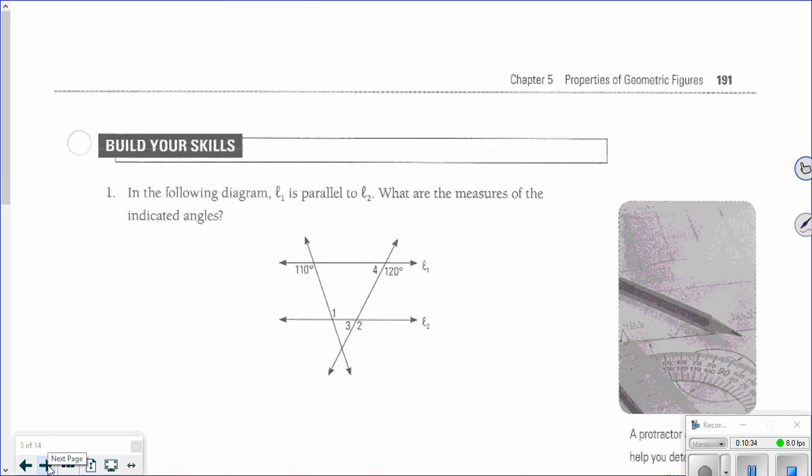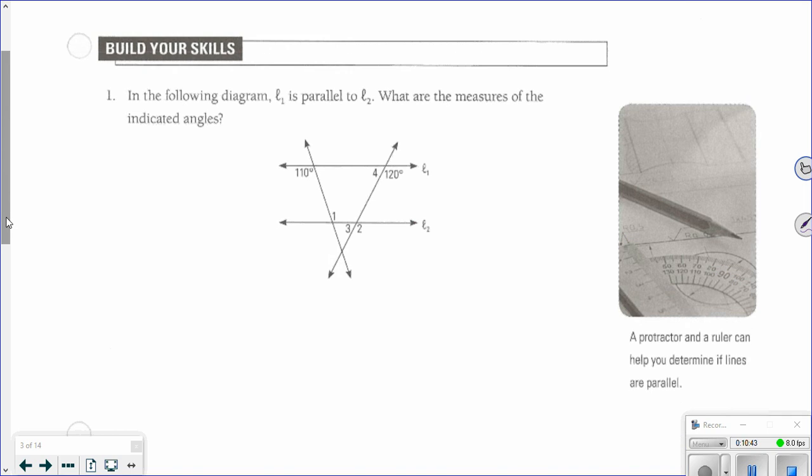Okay, so this next one, it says, in the following diagram, L1 is parallel to L2. What are the measures of the indicated angles? You have to be careful when they give you more than one transversal. So this right here is a transversal. And this over here is also a transversal.